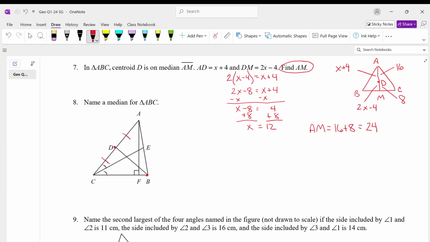So the median in this picture would be B to D. C to E has two congruent angles, so CE is an angle bisector, and A to F intersects a side at 90 degrees, so it's an altitude. So the median for this triangle is B to D.